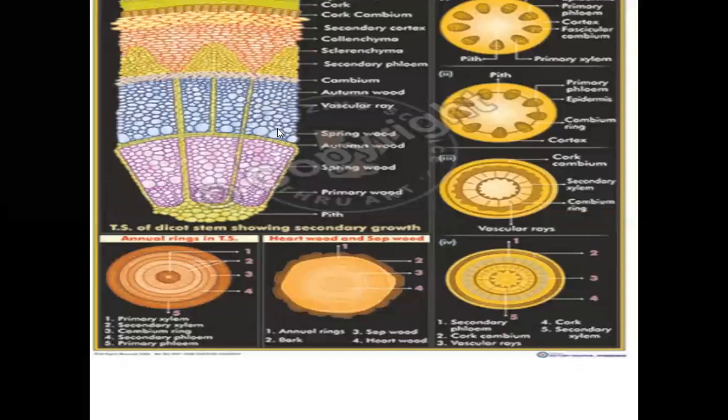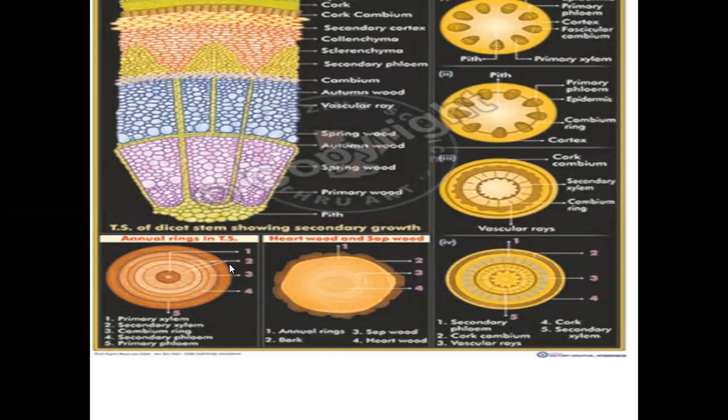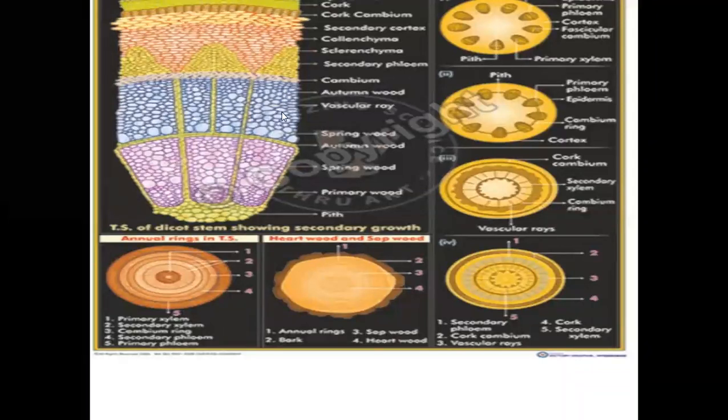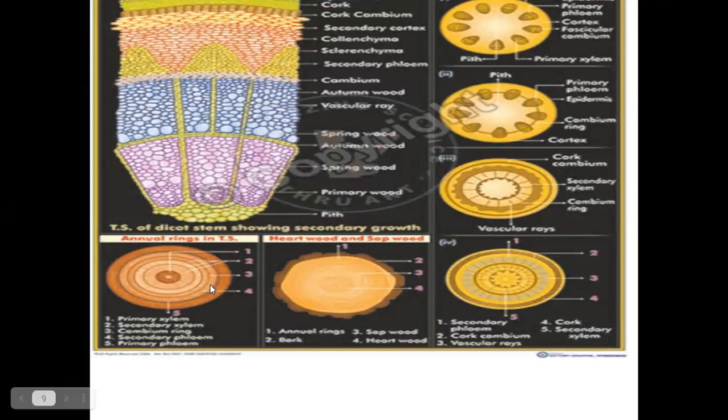These two types of secondary xylem cells together are called an annual ring. In every annual ring, the secondary xylem cells are of two types: autumn wood and spring wood, both developed from the cambium in one year.